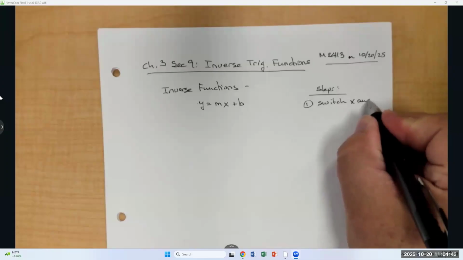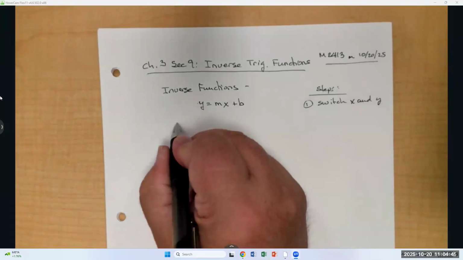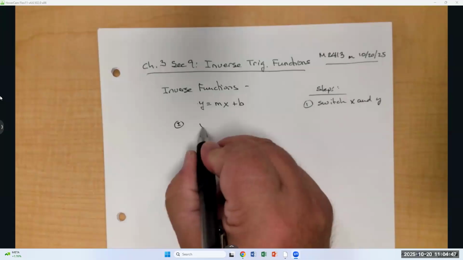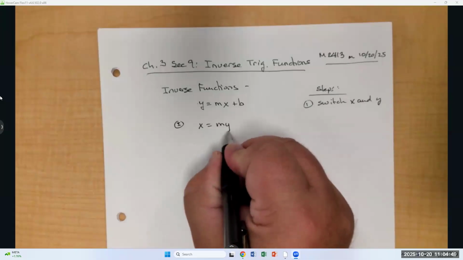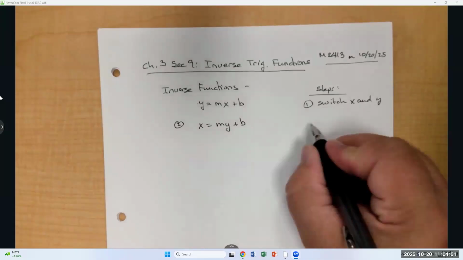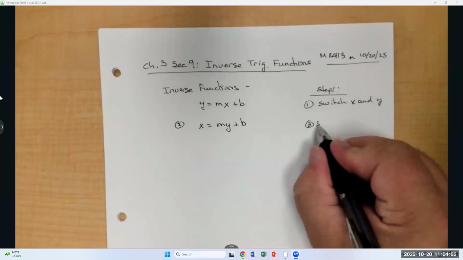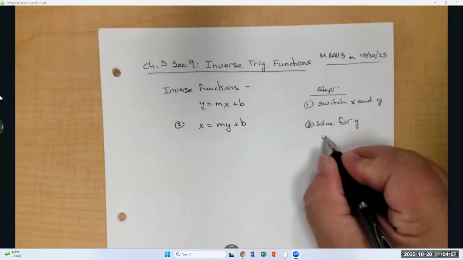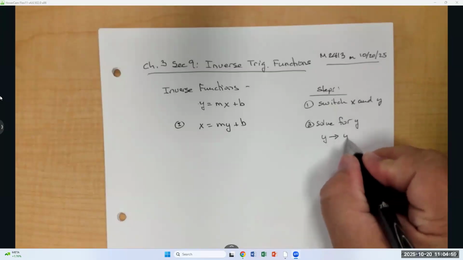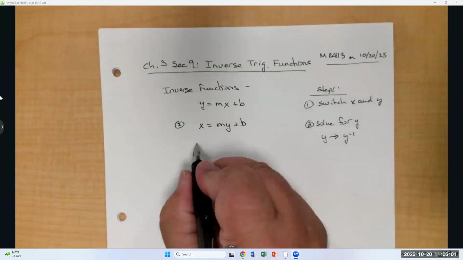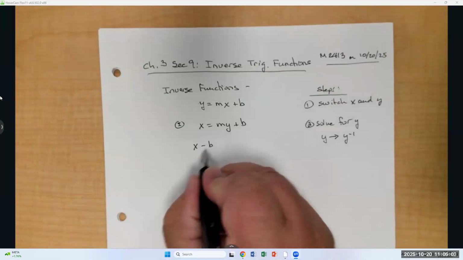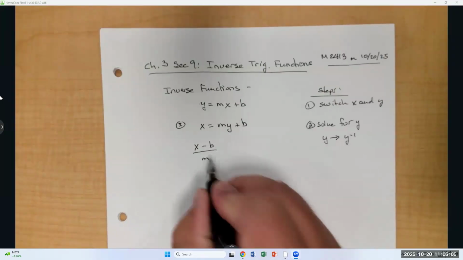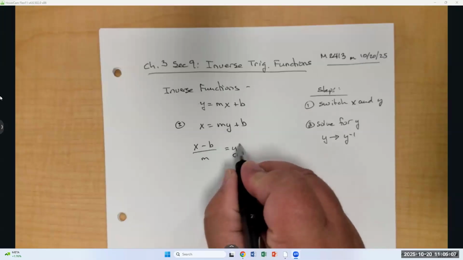Switch X and Y. So here's step one. And then step two, solve for Y. This Y will become your inverse. So (X minus B) over M equals the inverse of Y.